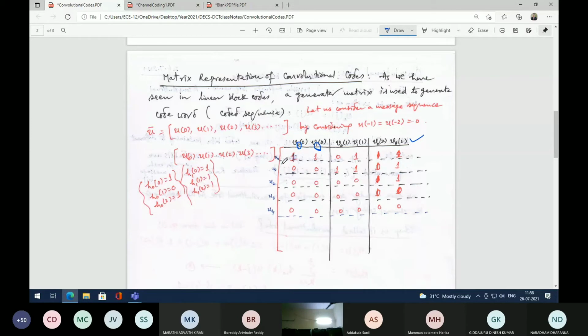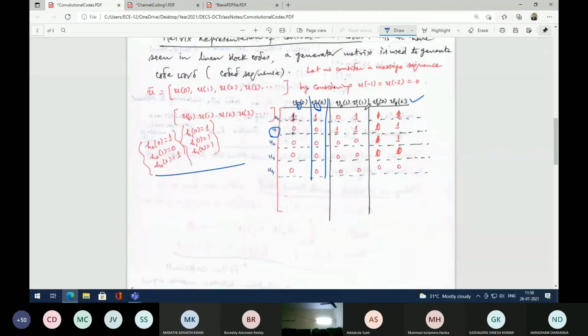See that this is the input sequence, and for the first bit, your output will be 1 here based on these things, for different outputs. For every input sequence, u of 1, u of 2, u of 3, like that, you will get this kind of sequences. This is 1, this is 1. Again, you can easily get it out.